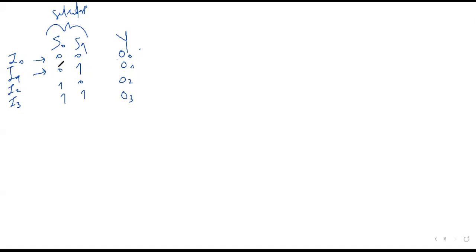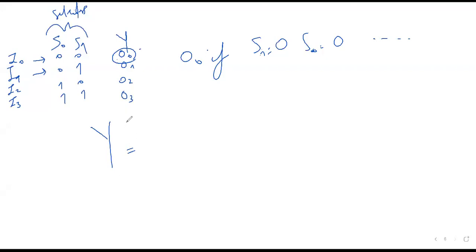Data output is 0 if S1 equals 0, S0 equals 0, etc. For my output Y, what will Y be?